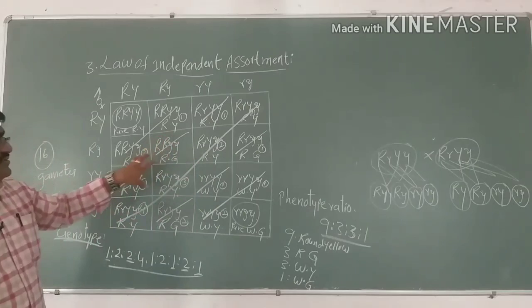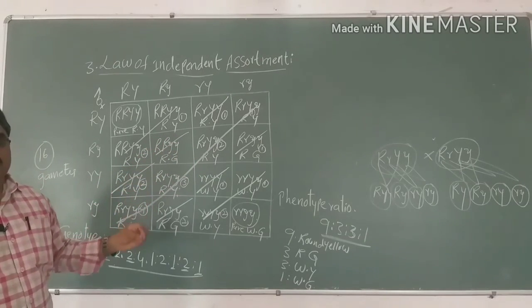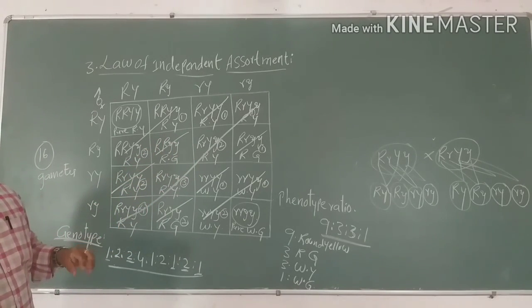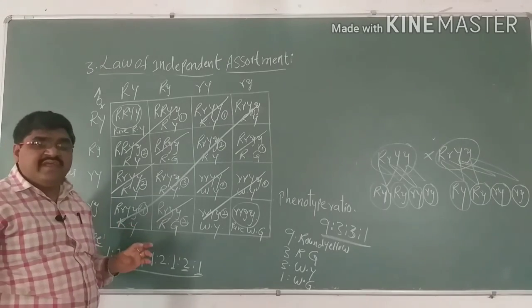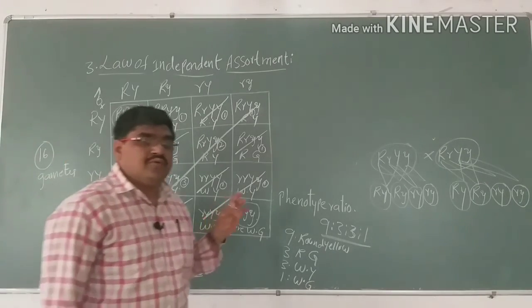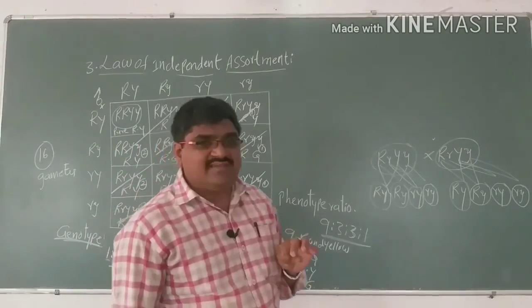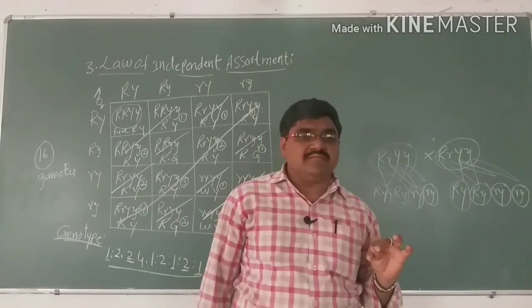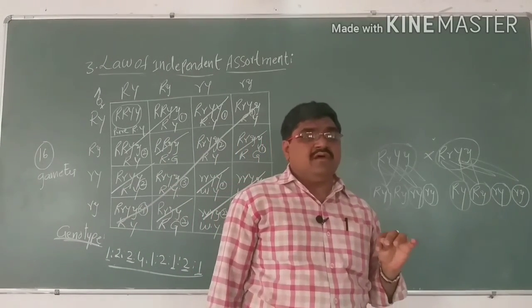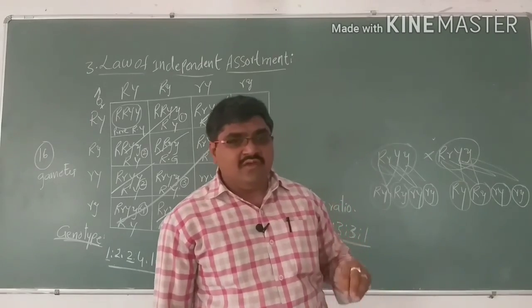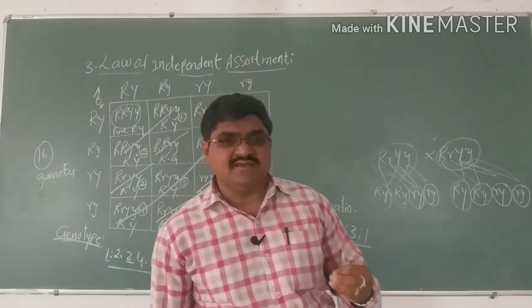How it is produced we have already discussed. These are the 3 laws: law of dominance, law of purity of gametes or monohybrid cross, and lastly law of independent assortment or the dihybrid cross. The remaining we will discuss in the next class.